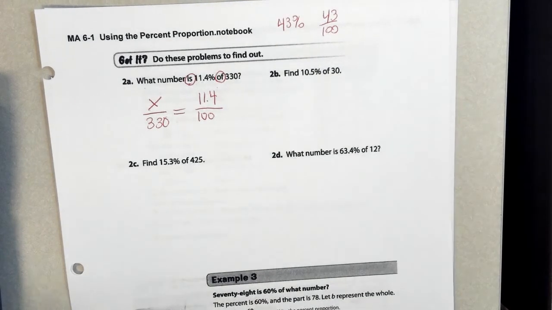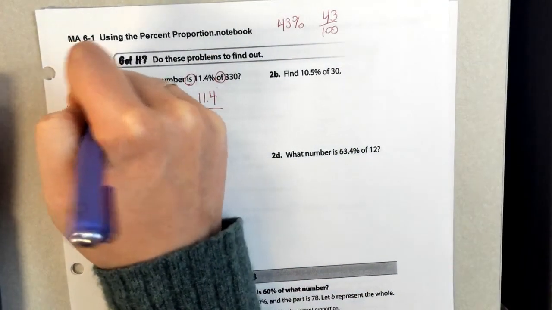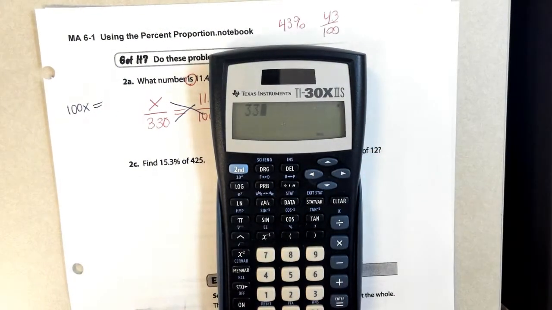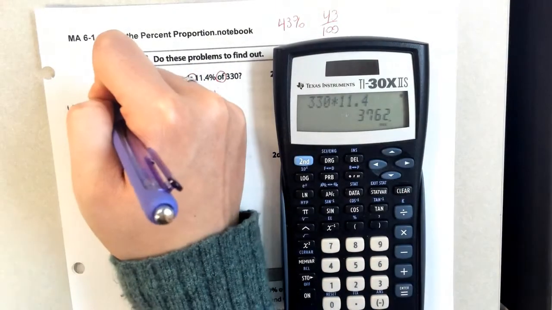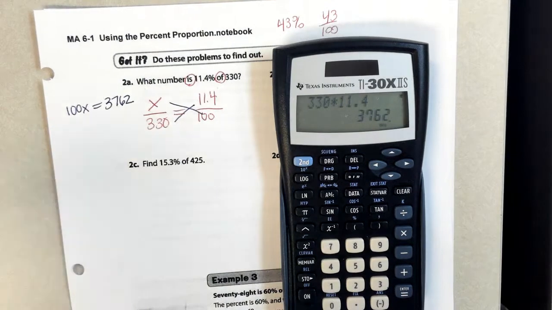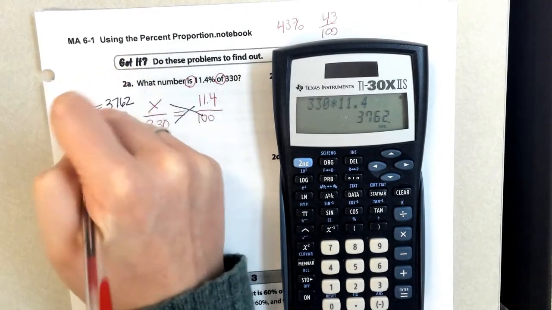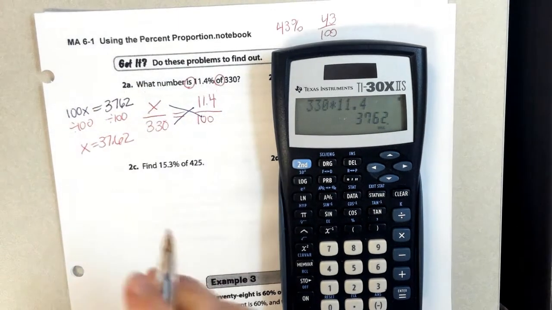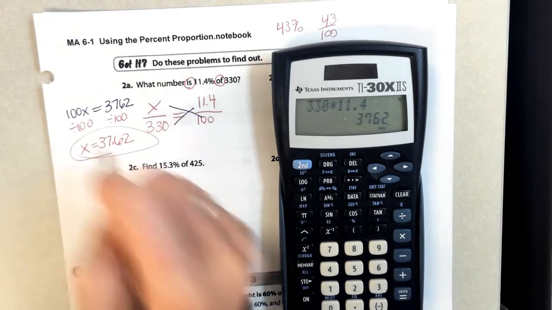Do our cross products. x times 100 is 100x. 330 times 11.4 is 3,762. We would divide by 100 on both sides, and x would be 37.62. Now, this time it says what number, so we don't need a percent sign, we're just good like that.